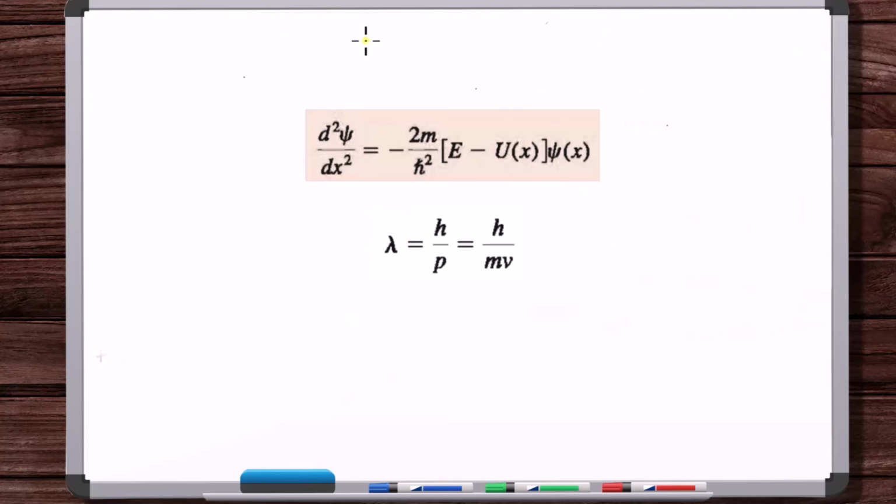So the total energy of a particle, E, so you can think about an electron, for example, is equal to the kinetic energy plus the potential energy. Well, what is this? This is E minus the potential energy. So this is the kinetic energy of the particle as a function of position.